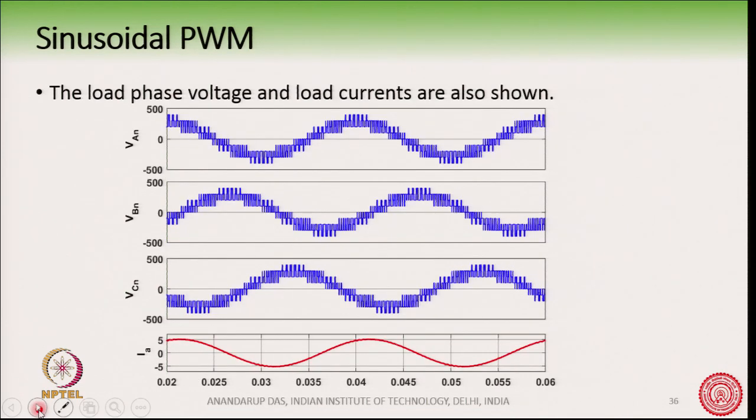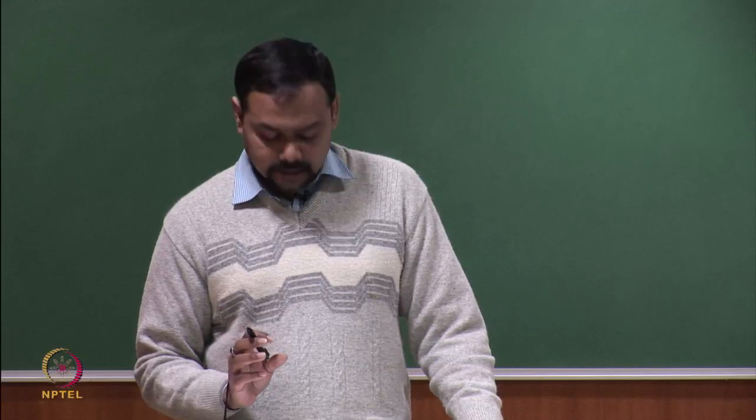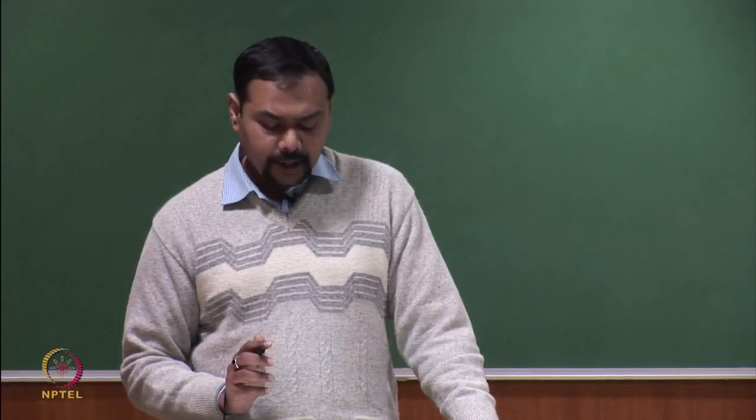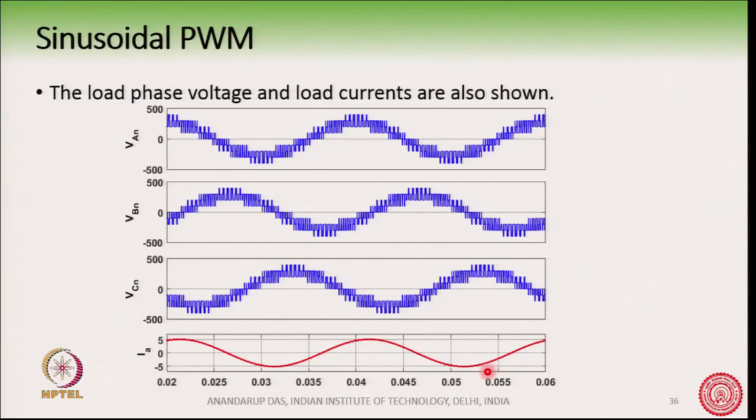And the load phase voltage and the load currents are as shown here. This is the load current; we had taken an inductive RL load with a power factor close to unity, like 0.9 or something close to that.